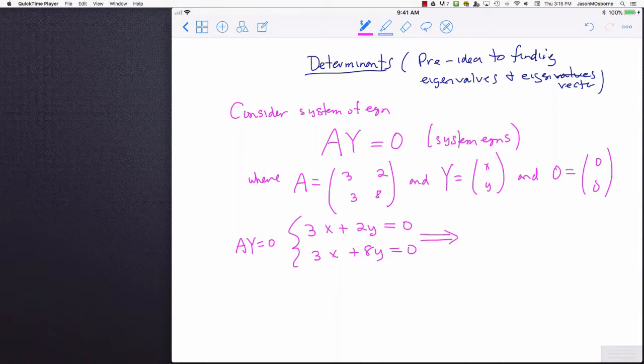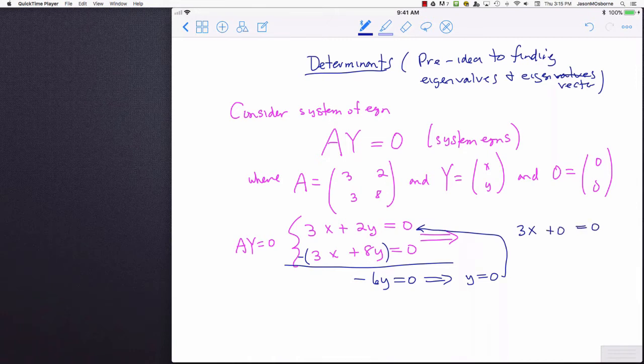You could take the second equation, multiply it by -1, and add the two results together, which gives -6y equal to 0, so y is equal to 0. Back substituting into the first equation gives 3x plus 0 equals 0, which also implies that x is equal to 0.